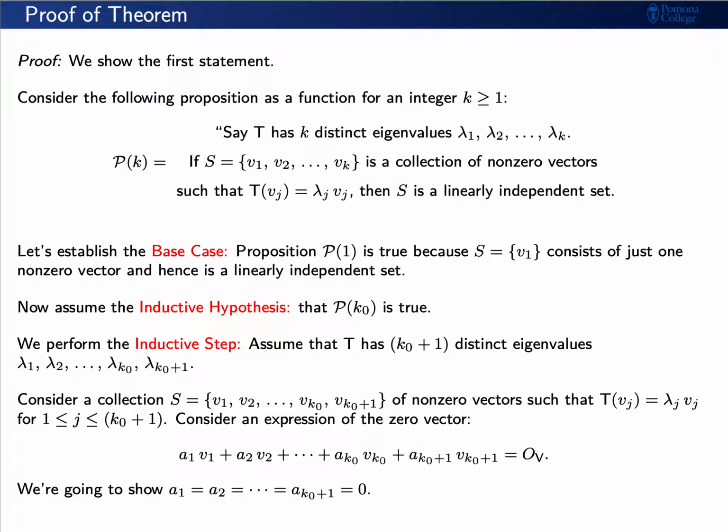We're going to consider an expression of the zero vector where we have a linear combination a1 times v1 plus a2 times v2 plus through a sub k0 plus 1 times v sub k0 plus 1 equals the zero vector in our vector space V. In order to show that S is a linearly independent set, we're going to show that each of our scalars, a1, a2, through a sub k0 plus 1, must each be equal to 0.